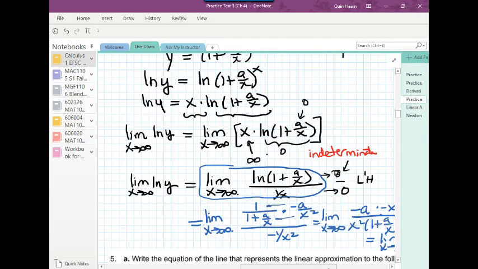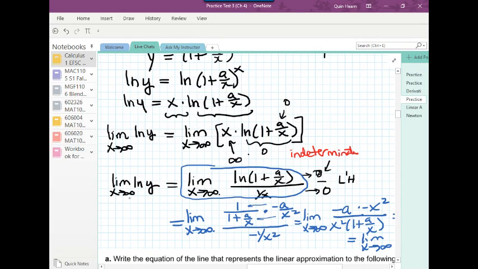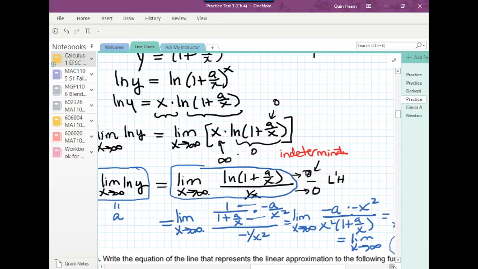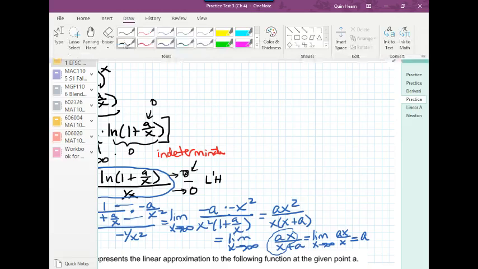Okay, so we're still taking the limit as x goes to infinity of a x over x plus a.